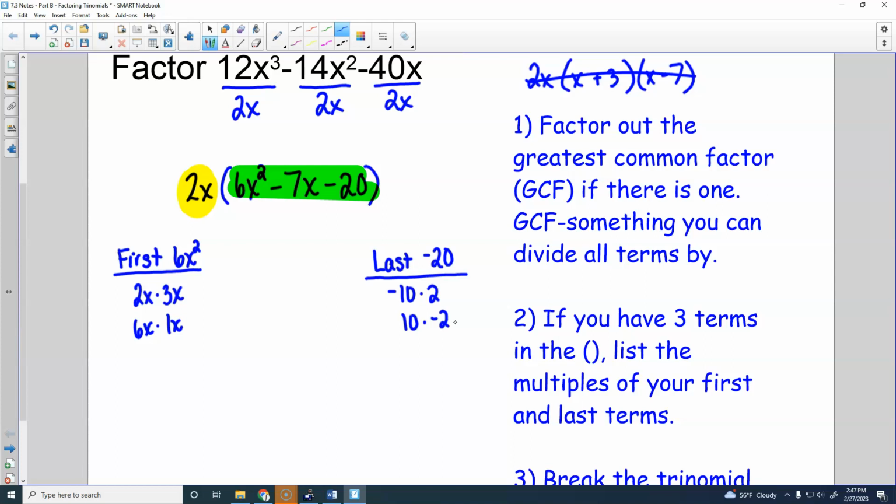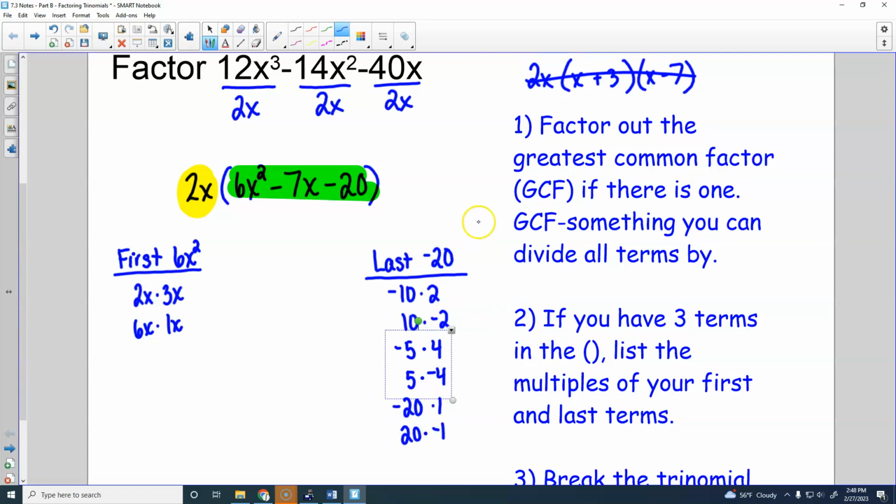So basically all of our options are going to have sort of 2 there. What else? Negative 5 times 4, or positive 5 times negative 4. What else? Negative 20 times 1, or 20 times negative 1.